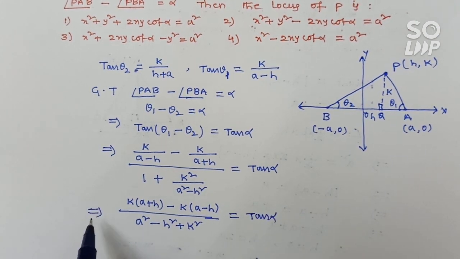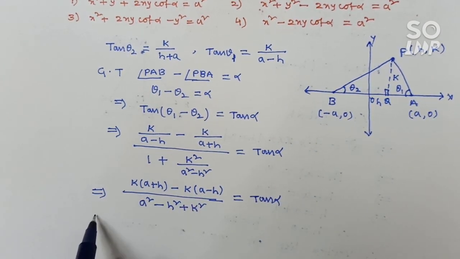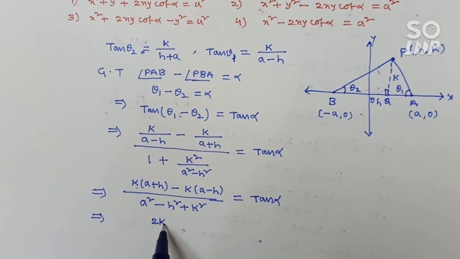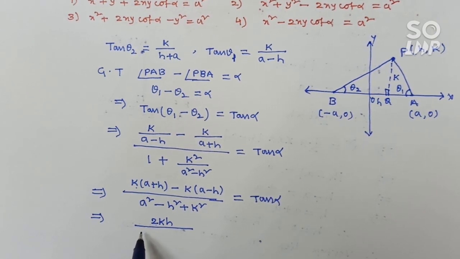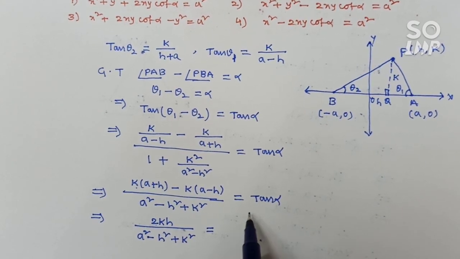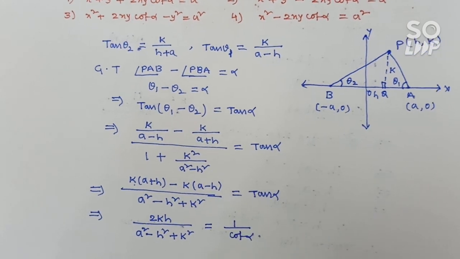Now you simplify the numerator value. Minus K into A plus K into A will be cancelled. That implies KH plus KH is 2 into KH whole divided by A square minus H square plus K square is equal to, now you write this in terms of cot, so 1 by cot alpha, right?